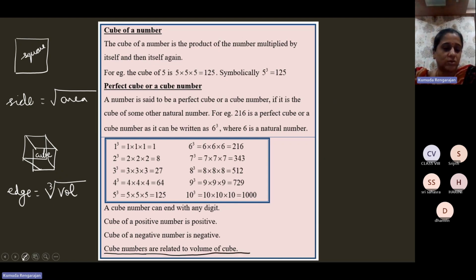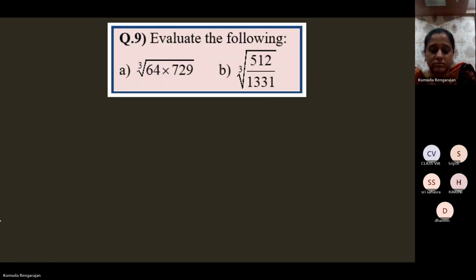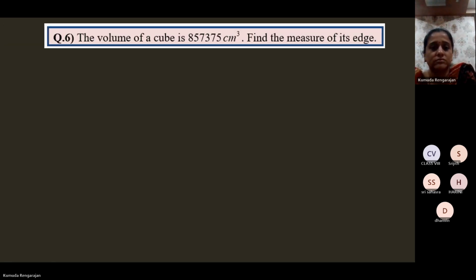So you see the question now. The volume of a cube is 857375 centimeter cubed. Find the measure of its edge. Ma'am, the formula is the cube root of the volume. Correct.